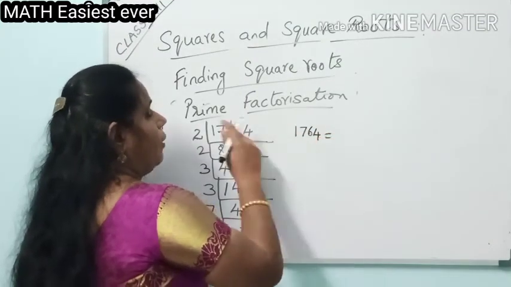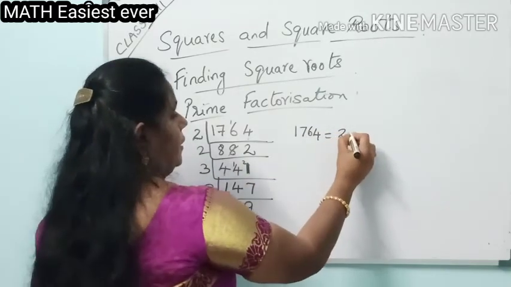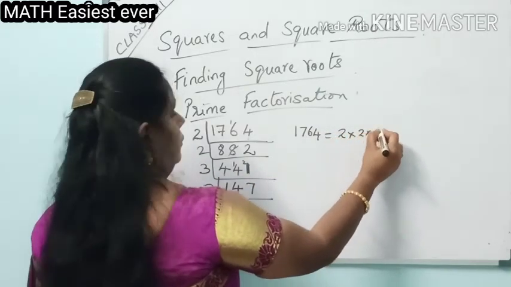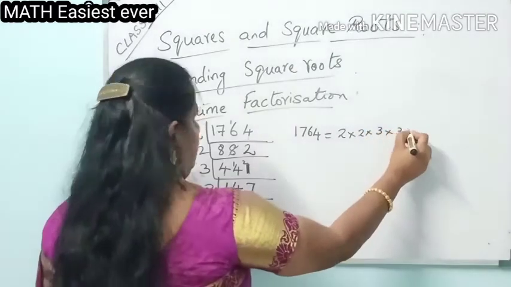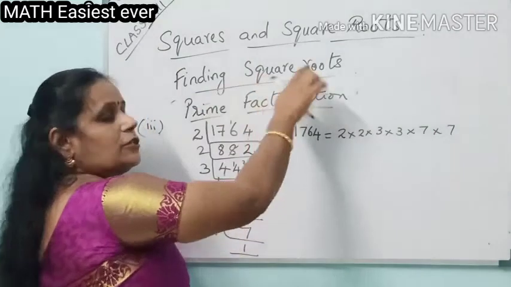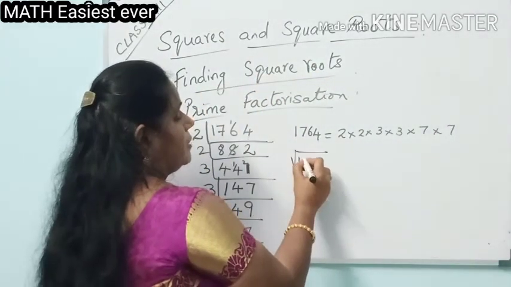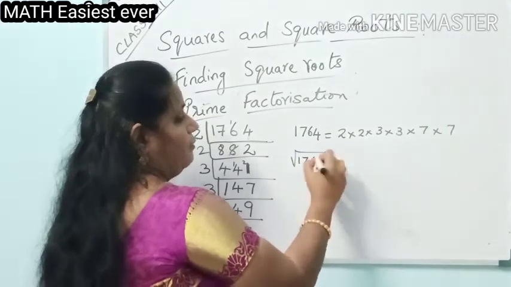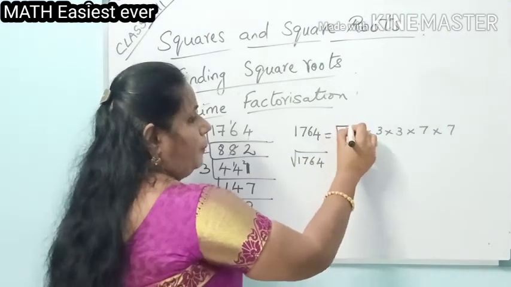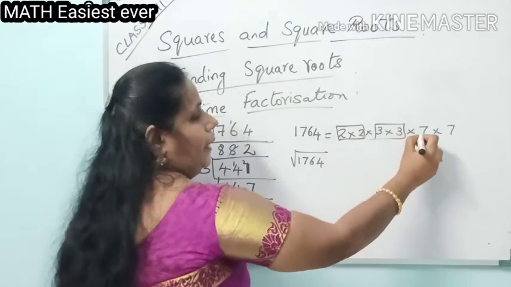For 1764, you write all its prime factors first. So what are its factors? 2 into 2 into 3 into 3 into 7 into 7. Now we have to find out the square root. So what is the square root of 1764? For this, you pair these 2 2's, pair these 3 3's and pair these 7's.